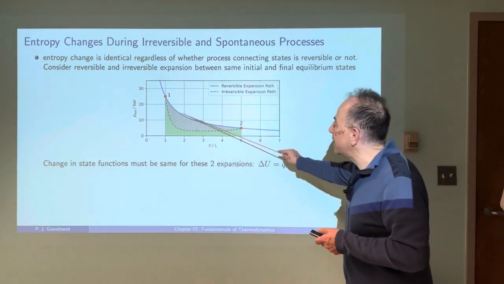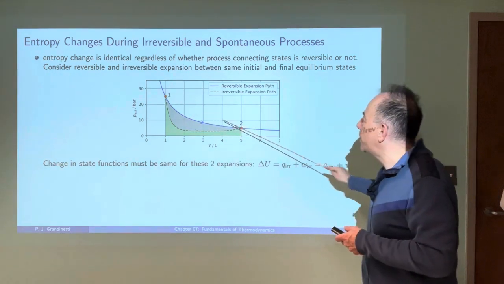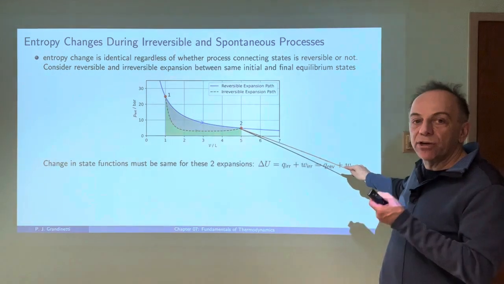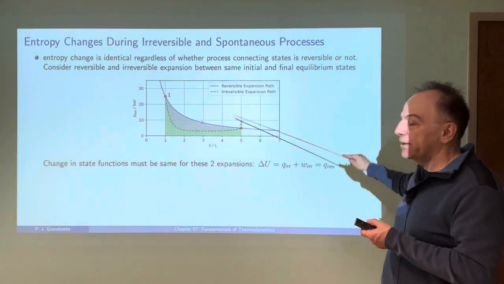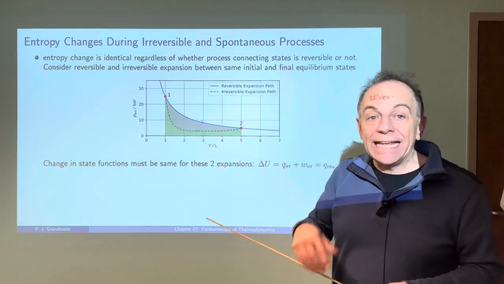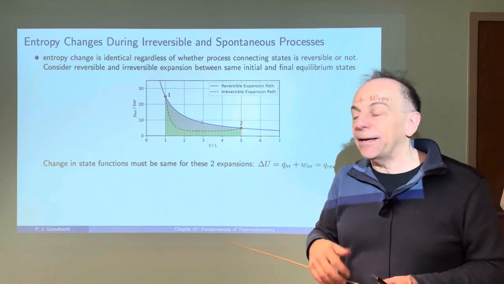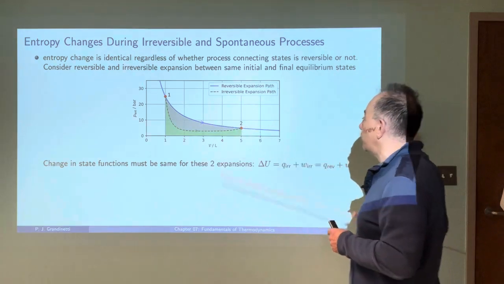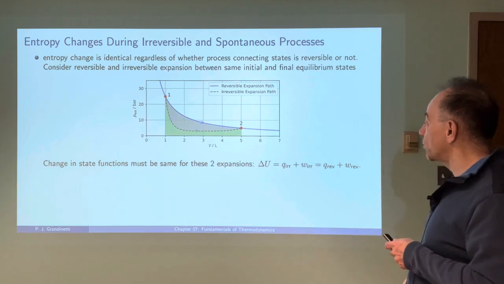And so what we see in this case is that the change in energy of the system between 1 and 2 has to be the same, because those are the same two states, but the paths are different. So that means that the heat and the work will be different for these two paths, but in the end, the change in the internal energy has to be the same, because state 1 and state 2 are the same, whether they're connected by the reversible or the irreversible path.